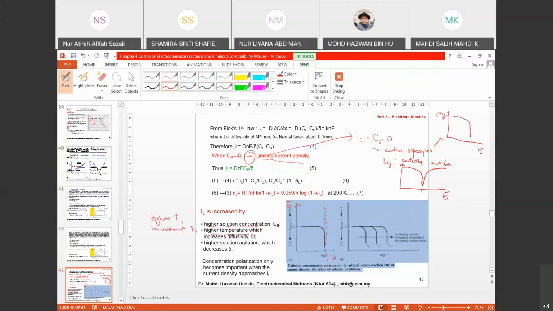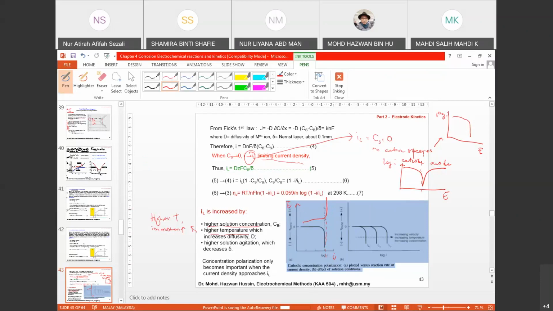Another thing that you can see is when you have a flat current density, especially at the anodic region, for example, you have here another one, flat at the anodic region. If you have a limiting current density at the anodic region, then basically you will experience so-called passivity.